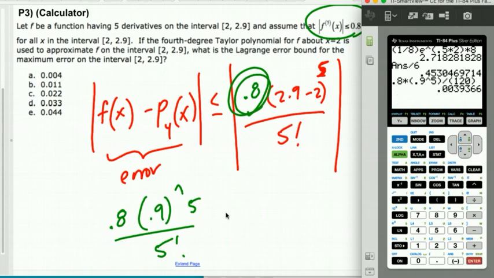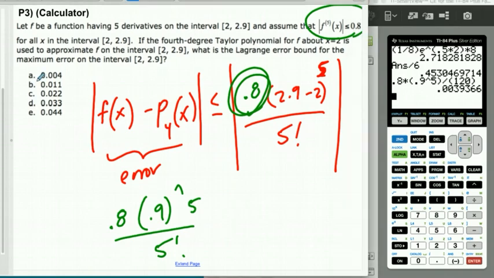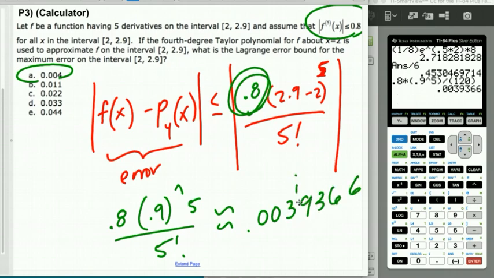It's up to you. And so I get that it's this one, because this is approximately 0.0039366, but since we can either truncate or round, we're going to round in this case because that's the choice I was given. And that's the basic idea. It's just about memorizing the formula for Lagrange error bound and then being able to plug in the values.